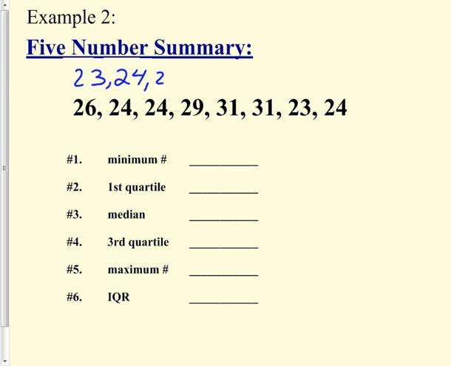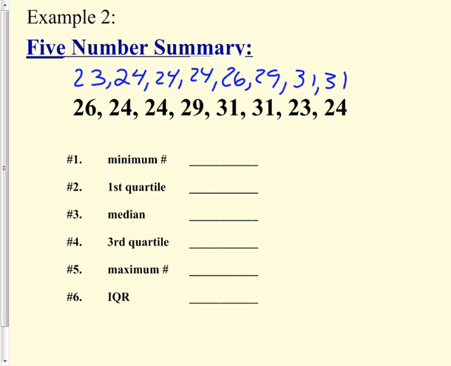Yep. 24, 24, 24. Then what? 26. 29. 31, 31. Okay, so we've got 1, 2, 3, 4, 5, 6, 7, 8 numbers.